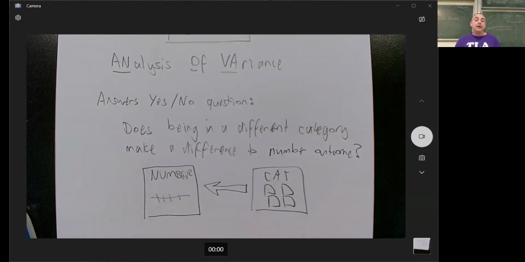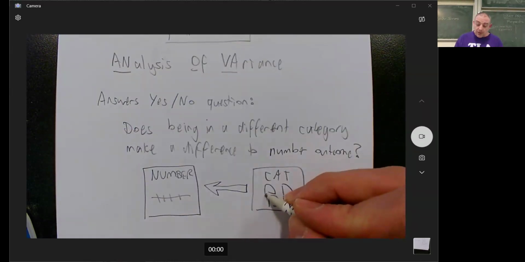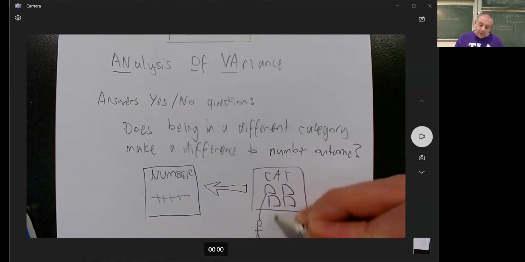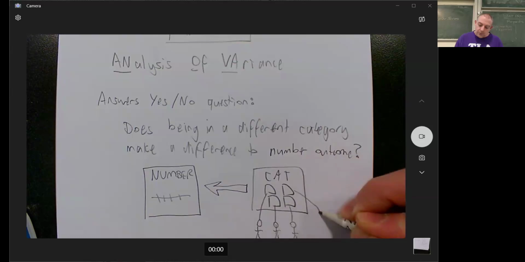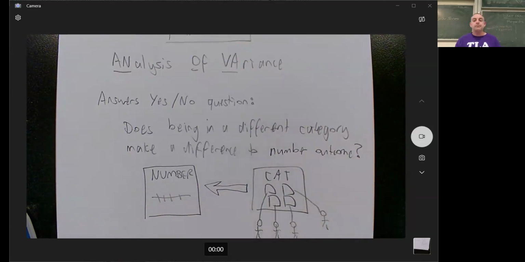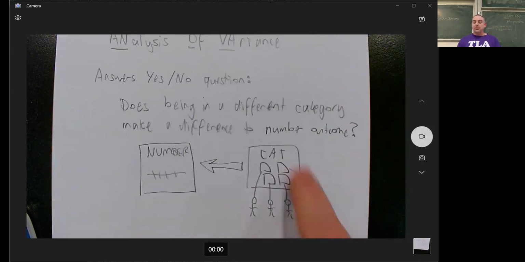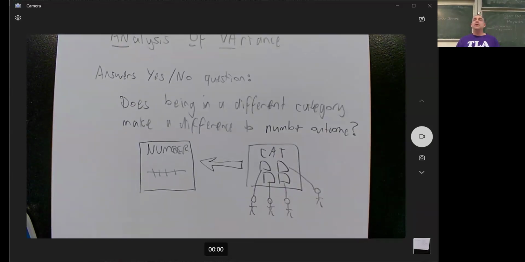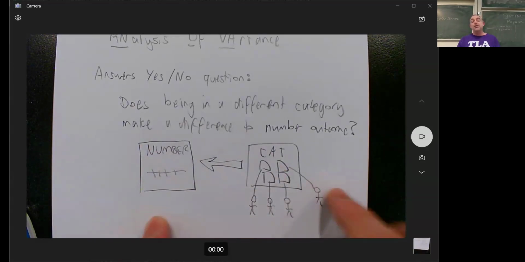That is what ANOVA is for. And it is especially important that ANOVA is designed for when different individuals are in different groups. These are all different people in these groups. I mean, there's probably like 10 in each group, something like that. But what you don't have is people in different situations being measured multiple times. So that is the picture in my head that goes with this.